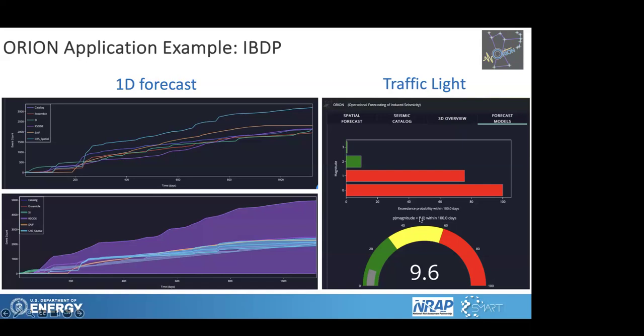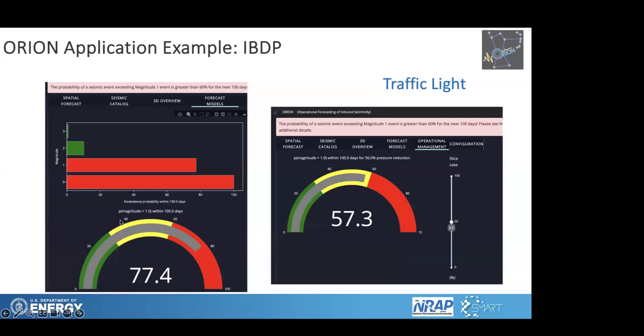And that would be a 1.5 that has occurred. But we might be interested in a 1.5 occurring in the next week or the next month. And so we can update the interface to address the threshold magnitude and the target forecasting period.